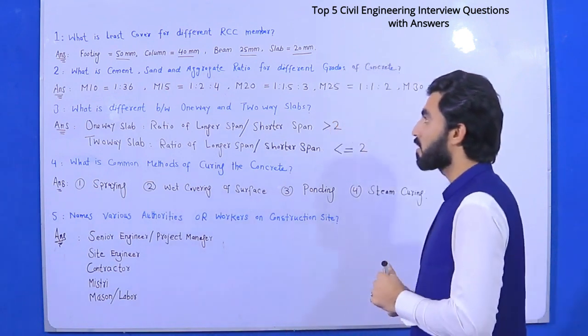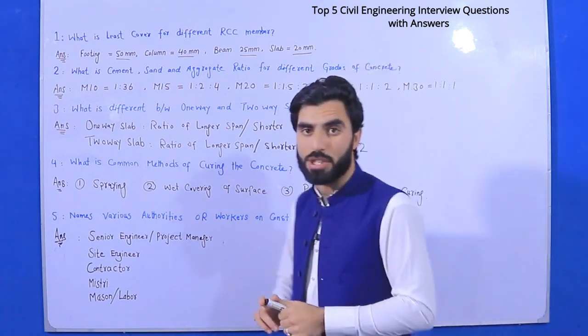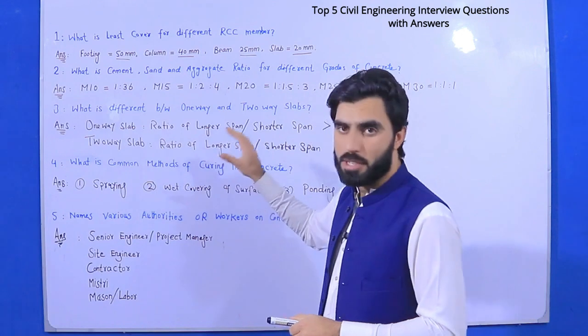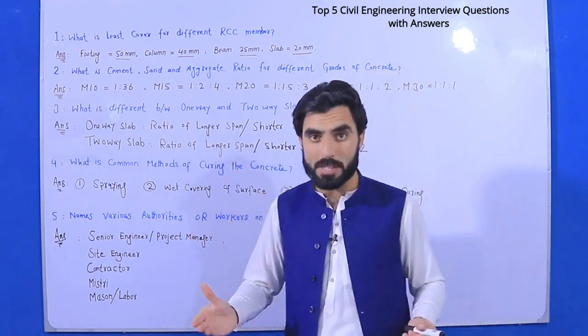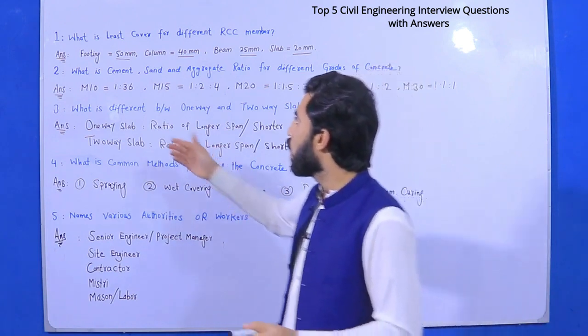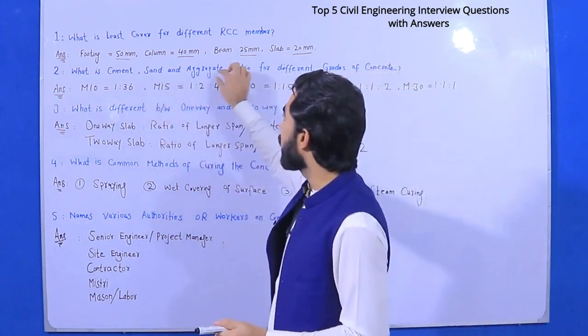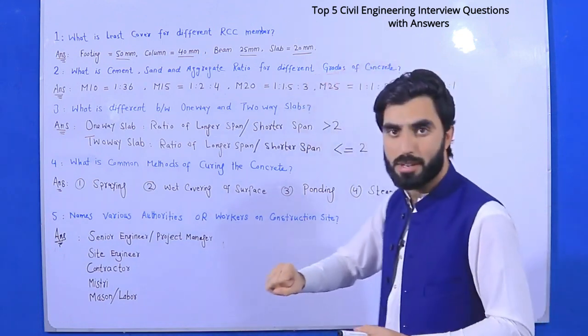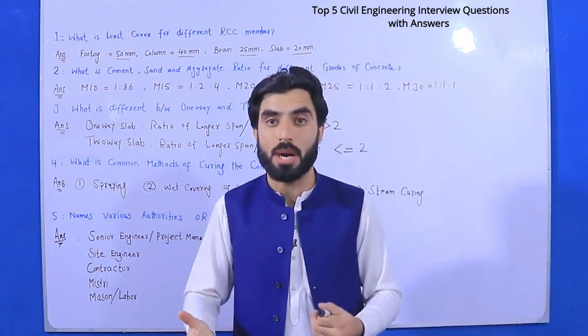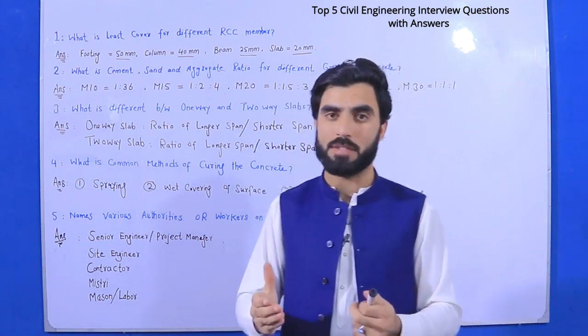The second one is, guys, it's also very important. An often asked question also in interviews, but even without an interview, anyone can ask you. That is, what is cement, sand and aggregate ratio for different grades of concrete? First of all, you should have knowledge about grade of concrete. What is grade of concrete?